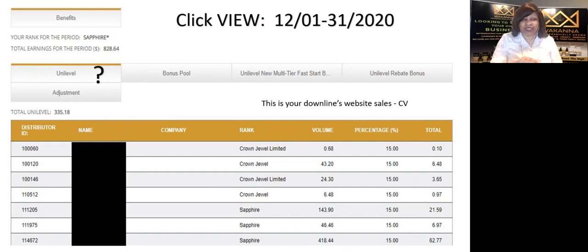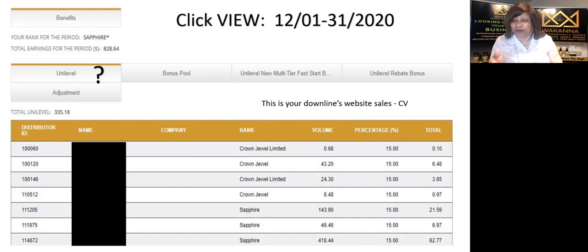And when you look at this, the distributor ID is there. The name of the person who has the website is there. Their rank is there. The volume that they did between December the 1st and December the 31st is the example we're looking at. The percentage that you made from their website.